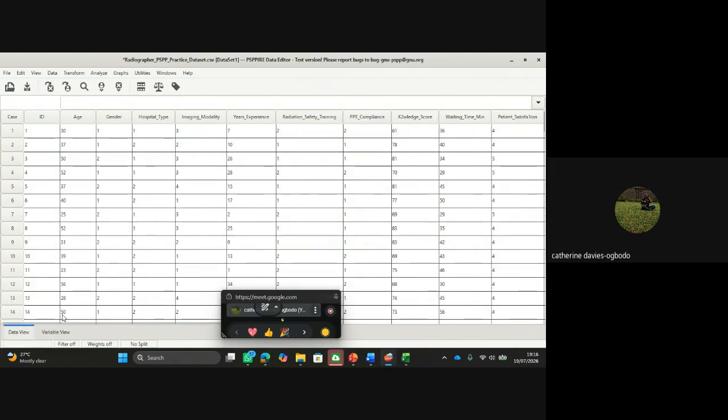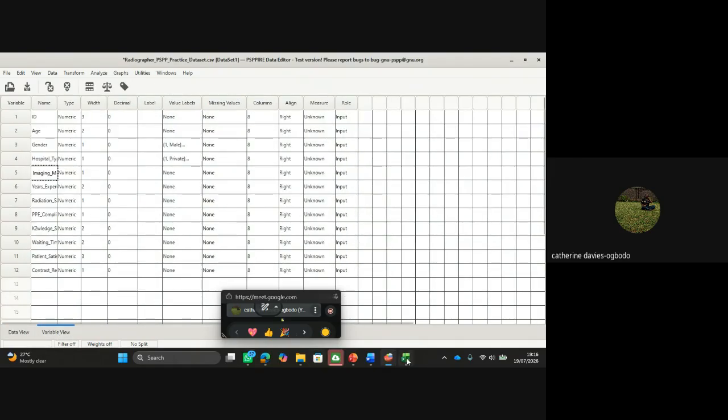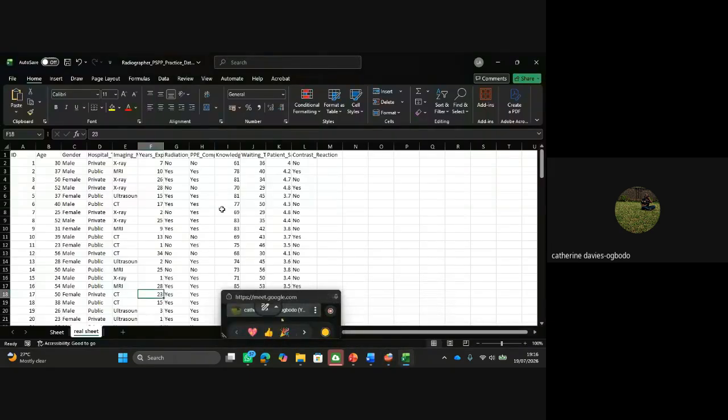Then for image modality, we have CT, MRI, X-ray and ultrasound. I kind of did it alphabetically so that I wouldn't get confused.